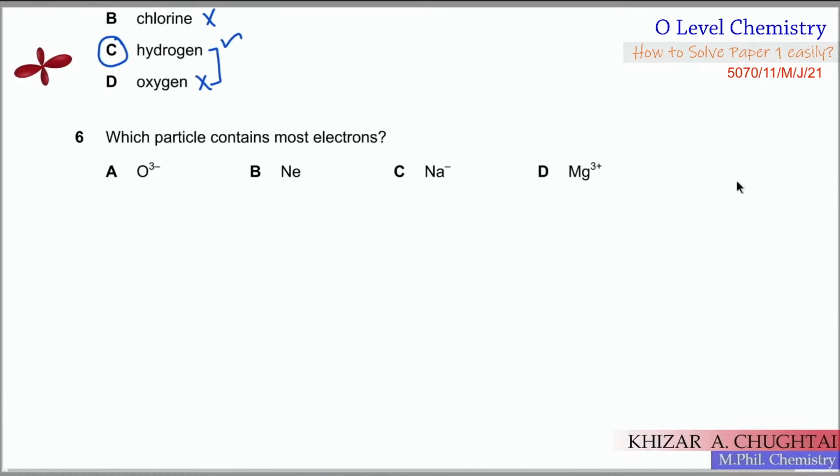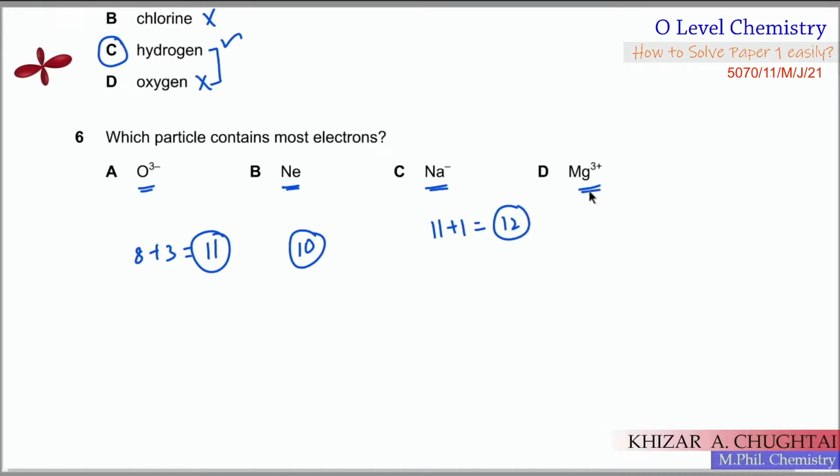The next one, which particle contains the most electrons? In this case, oxygen's atomic number is 8 and it is gaining 3 electrons, so the number of electrons is equal to 11. In neon, the number of electrons is 10. You can confirm it from the data booklet. Sodium with a 1 negative ion: sodium has a total of 11 electrons, and now it has one more electron, so it has 12 electrons.